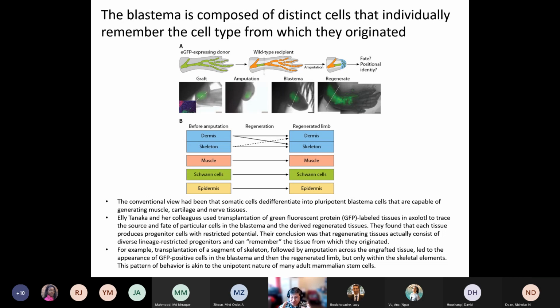If the scientists hadn't done this experiment and published this work, we would think the blastema cells are multipotent, but actually they're not. They're unipotent, mostly. And the blastema cells are derived from the remaining structure. The remaining structure somehow has the power, has the positional memory.